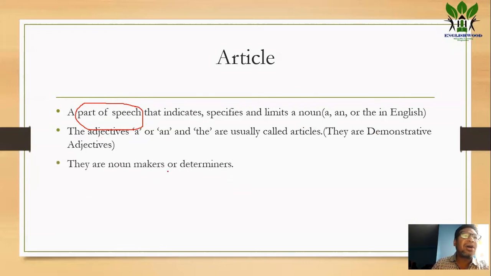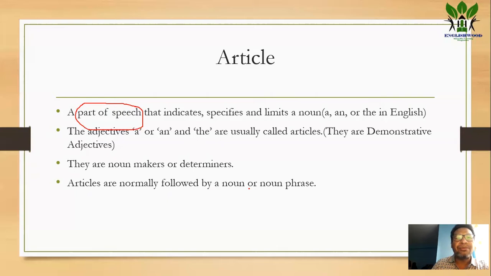They are noun makers or determiners, which means they say something about the noun, they determine the nouns. Articles are normally followed by a noun or a noun phrase. After a, an, or the, we use a noun or noun phrase.